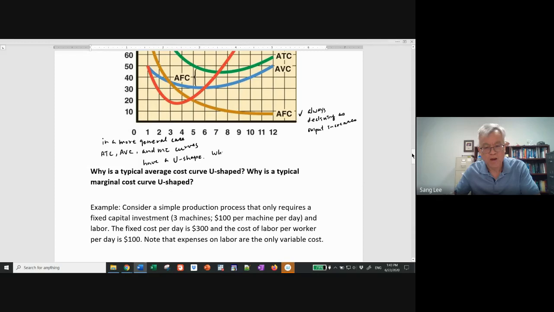Okay, why? That's what this question is all about. Why is a typical marginal cost curve U-shaped? Okay, now to have a better understanding of this, we're going to use a very simple example.